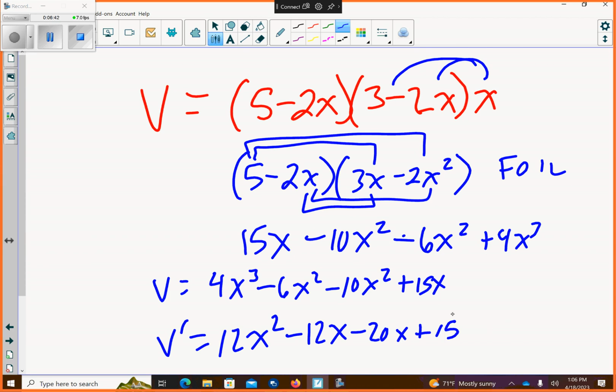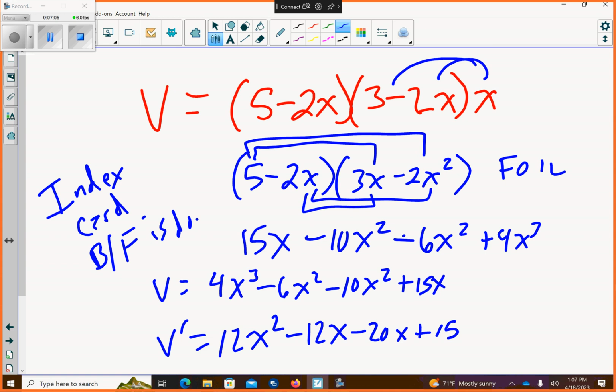So what I will mark off tomorrow during our whopping long 20-minute period, if you're not here, then I'll mark it off on Thursday, is make sure the index card back and front is done. And I'll mark it off on Wednesday if you're here. If you're not here, then show me on Thursday.